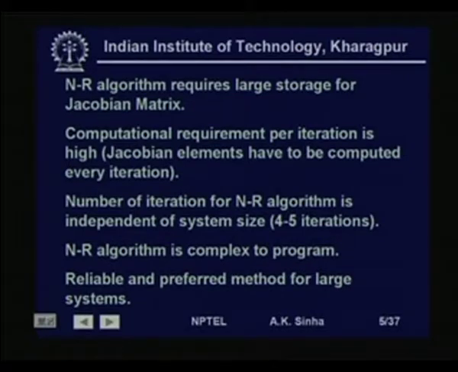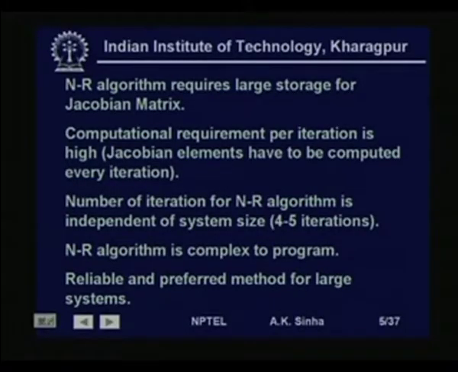Though this is somewhat complex, a major advantage of the Newton-Raphson method is that the number of iterations required for convergence is independent of the system size. That is, normally it will take around 3 to 5 iterations for convergence, even for very large systems.